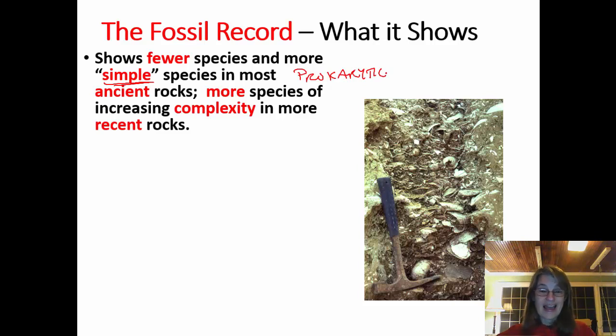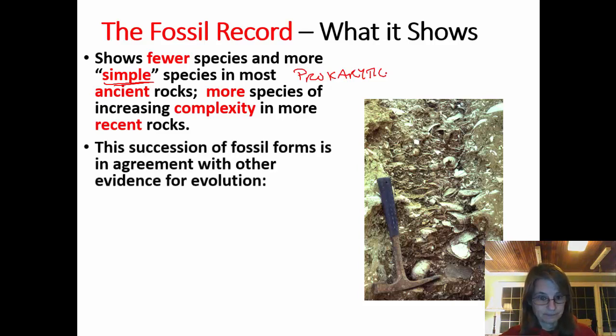And as we come up into more recent rock layers, we see this difference, increasing numbers of different species and increasing in complexity in more recent rocks. And instead of just being single-celled organisms, they become multicellular and more complex as you come into more recent, more modern rocks.